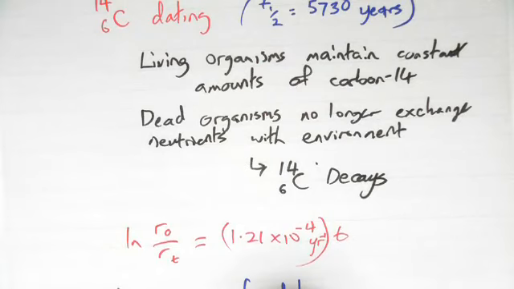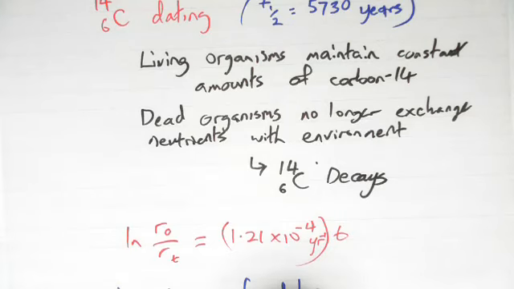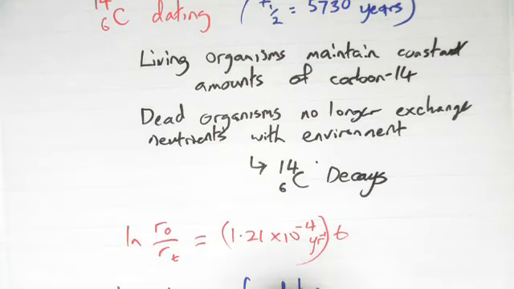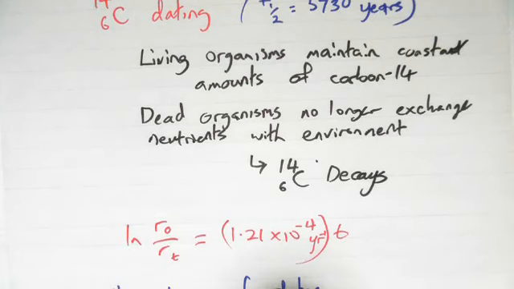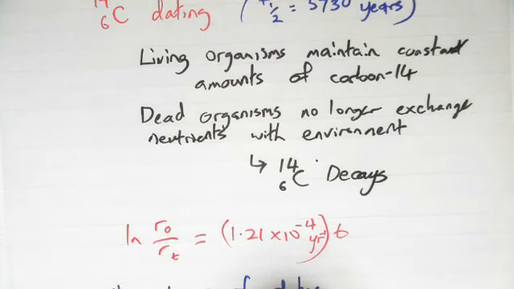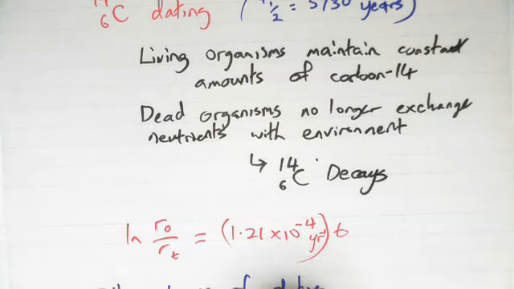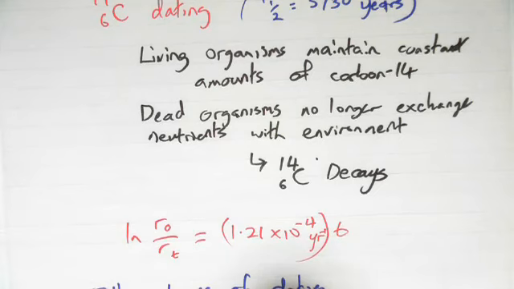You can derive that the natural log of the ratio of the amount of carbon-14 to carbon-12, the most common isotope of carbon, then divided by the ratio of those things now, equals 1.21 times 10 to the minus 4 per year times time.